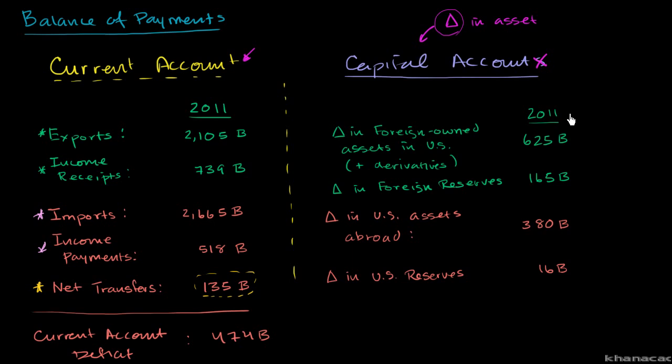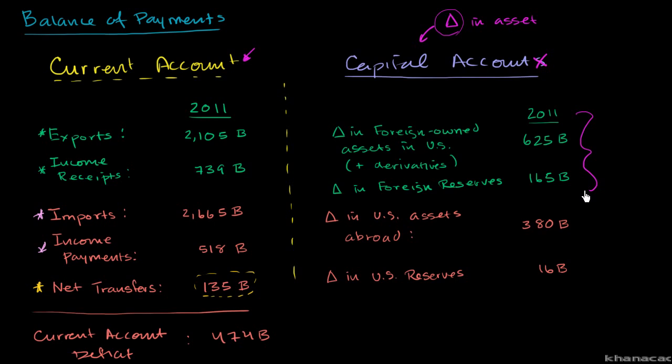So once again, let's focus first on the inflows. And when you're talking about change in assets, these would essentially be someone outside the U.S. buying assets inside the U.S. from someone that was not foreign.